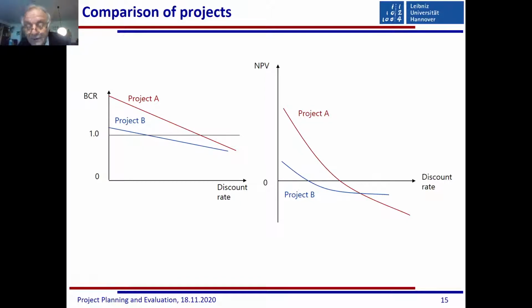And as said already, this can very much happen because it depends if you have a really $1 million project or just a small project with a few 10,000s of euro. Then of course the small project cannot produce as much NPV as the big project, but that's not the main point. So what you see here on this graph in panel B, on the right side, is that project B is sensitive to the discount rate, and here the discount rate would be 0, and here at this red point intersection would also be 0.